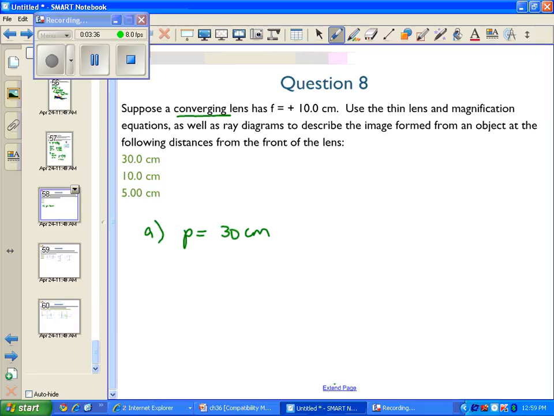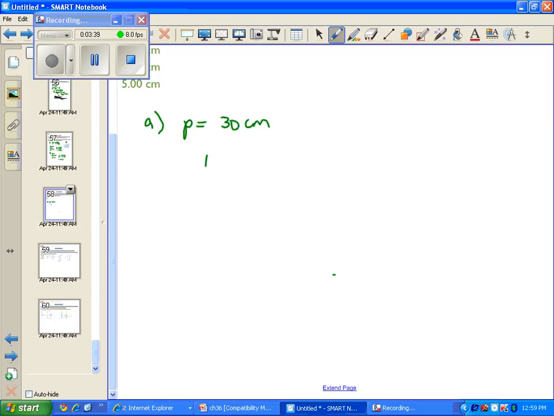Using the thin lens equation, we know that 1 over q equals 1 over f, in other words, 1 over 10, minus 1 over p, 1 over 30.